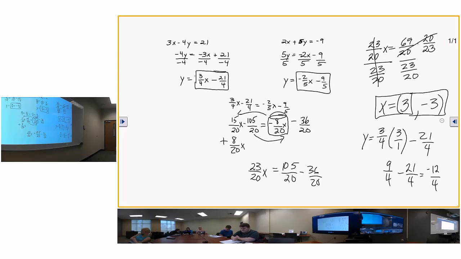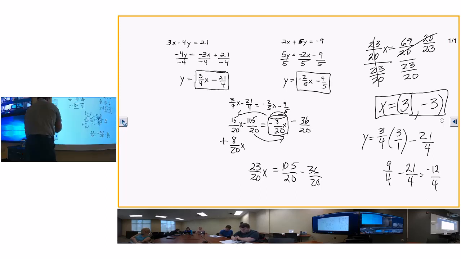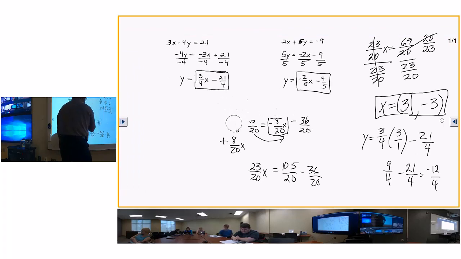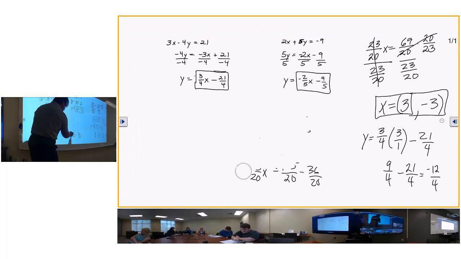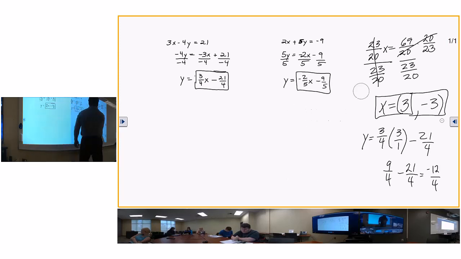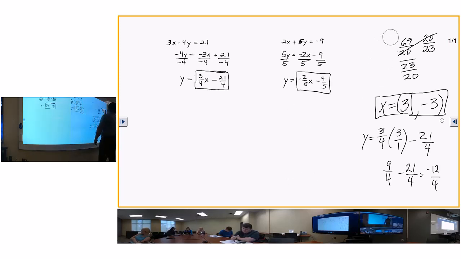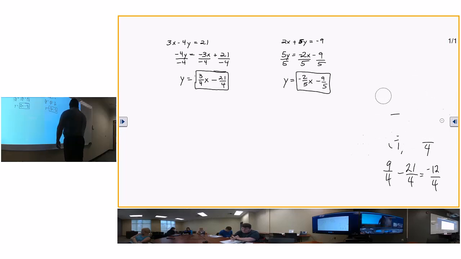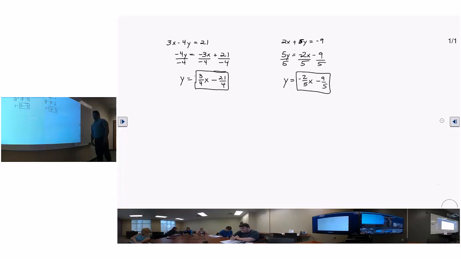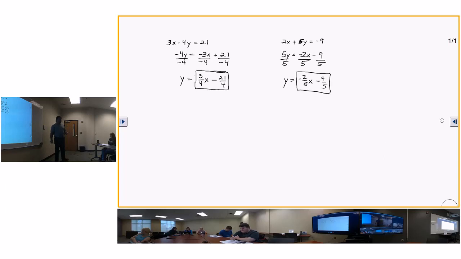Now let's erase all this, and we've gone over setting equal to each other. We've gone over graphing. Graphing, pretty much use your calculator or graph paper. If I was to give you 6 questions on a test, solving systems of equations, 1 would be graphing, the rest would be substitution and elimination.